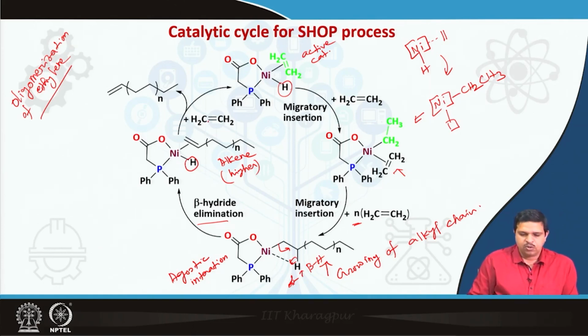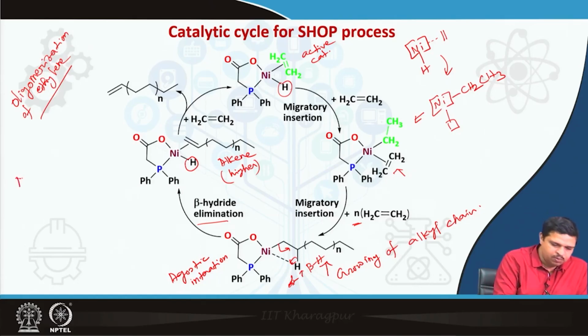So this displacement, the alkene exchange steps, will be favored, because we have a lot of ethylene molecules.